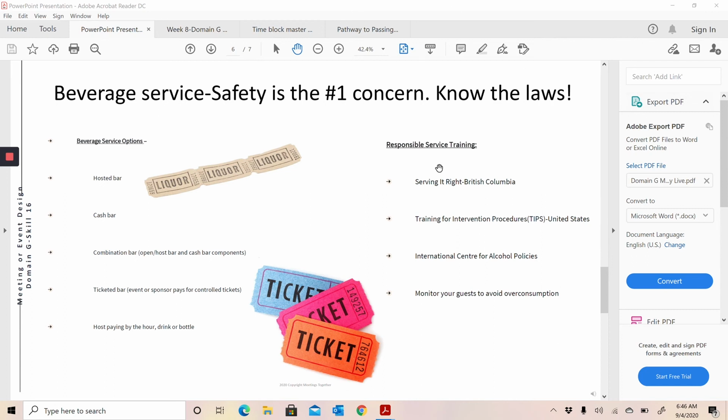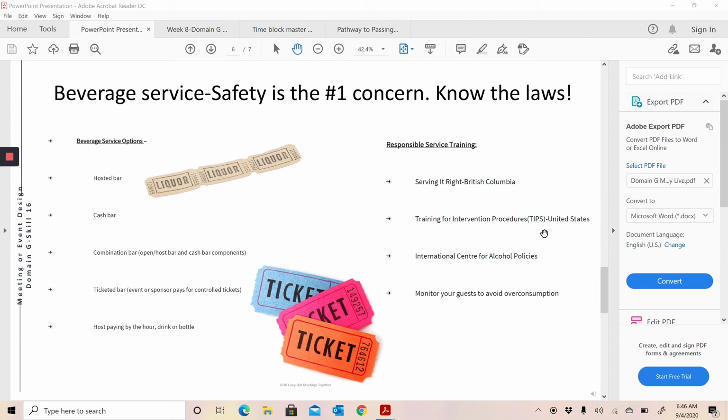And then for responsible service training, so the venue and the bartenders have to go through all of these training, so they know proper serving, when people need to be cut off, things like that.